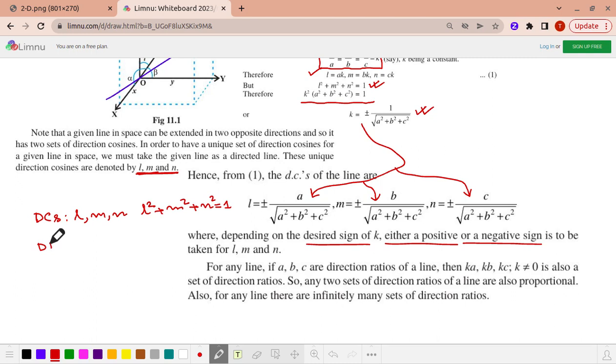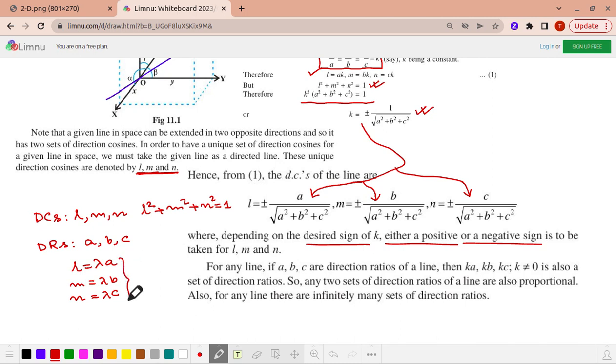Suppose the direction ratios are a, b, c, then all we need to say is that l should be equal to lambda into a, m should be equal to lambda into b, and n should be equal to lambda into c. That's it. Now you vary the value of lambda, or the other way you can say a equal to 1 by lambda into l.